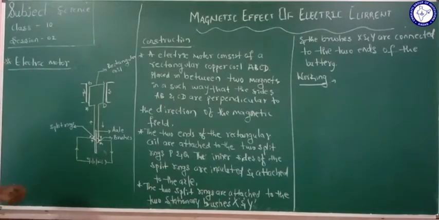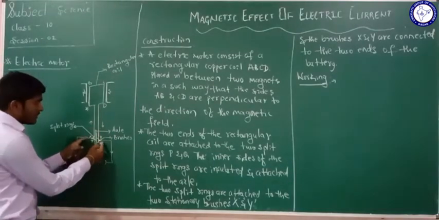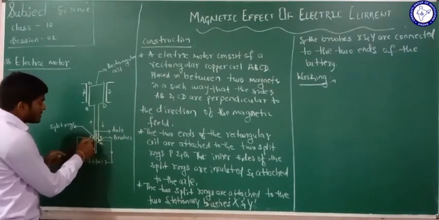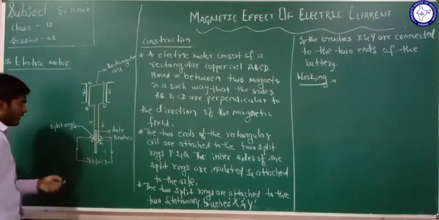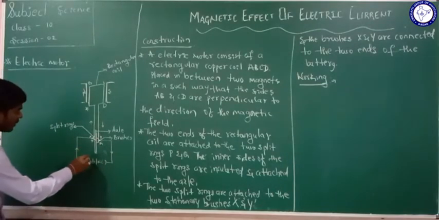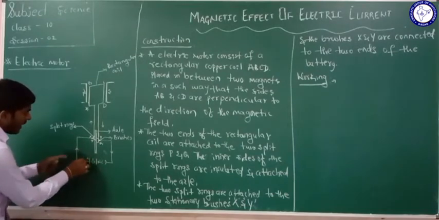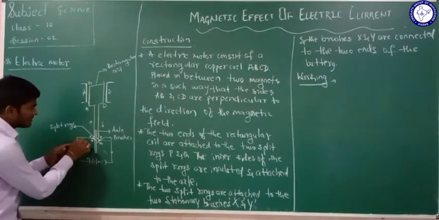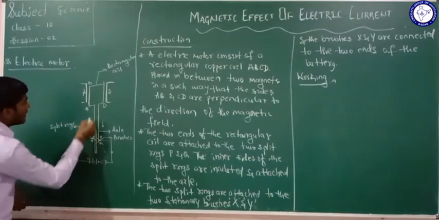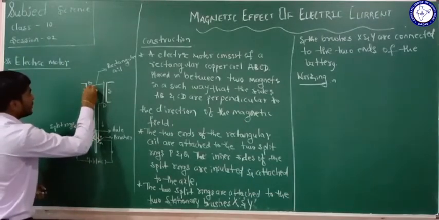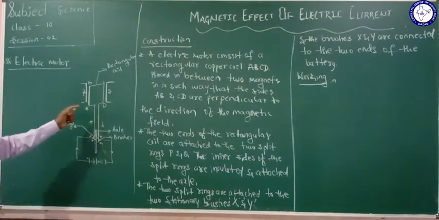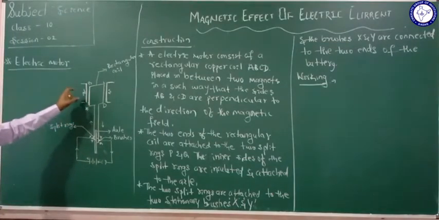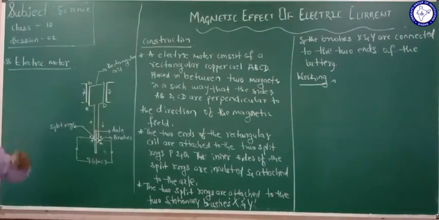See here, when the ends coming from the two brushes X and Y are attached to the cell, isn't it? So the electric current flows in this direction. When the electric current enters into the side AB, this is a copper coil containing a number of turns here.